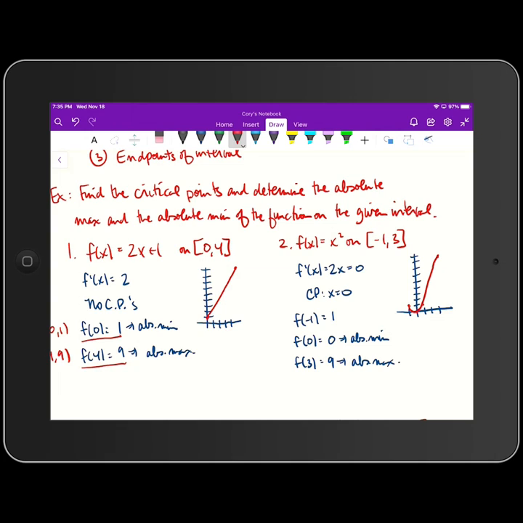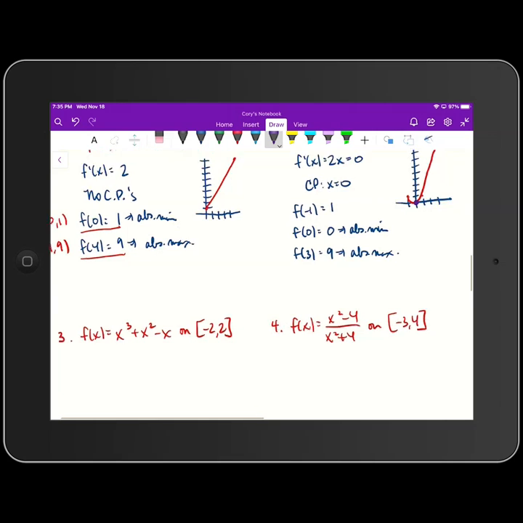Just as we found, this point here in purple is the smallest value on the graph. That's the absolute min. That point in purple is the largest value on the graph. That is the absolute max. I'm not going to graph any more of these, but I'm just showing you graphically that it confirms what we did using calculus and algebra.